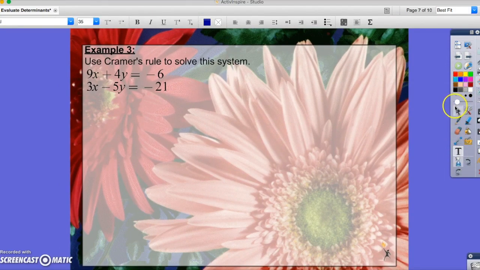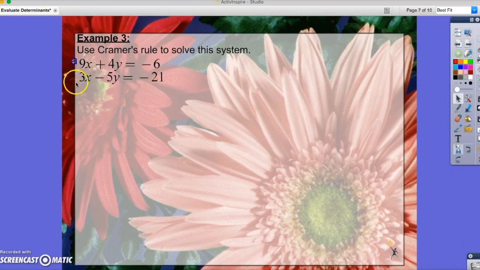Before we start, I'm going to type them here so you have a quick reference. So A is the 9.